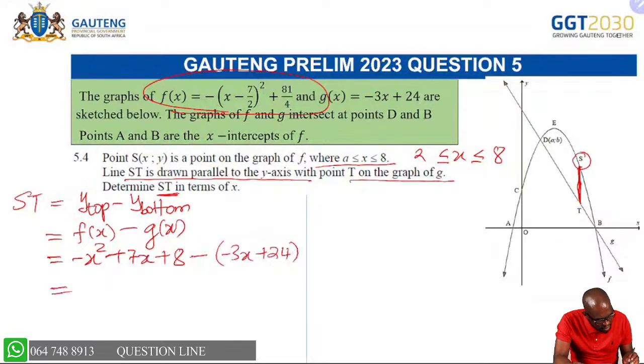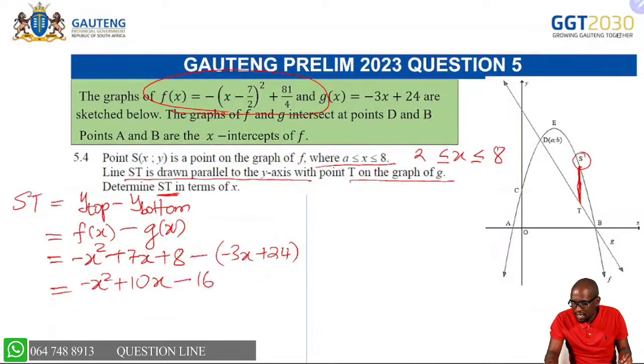Now if we do that, it would be negative x squared plus 7x minus negative 3x. This would be plus 10x, and then plus 8 minus 24. This should give you negative 16. That is just 8 minus 24.